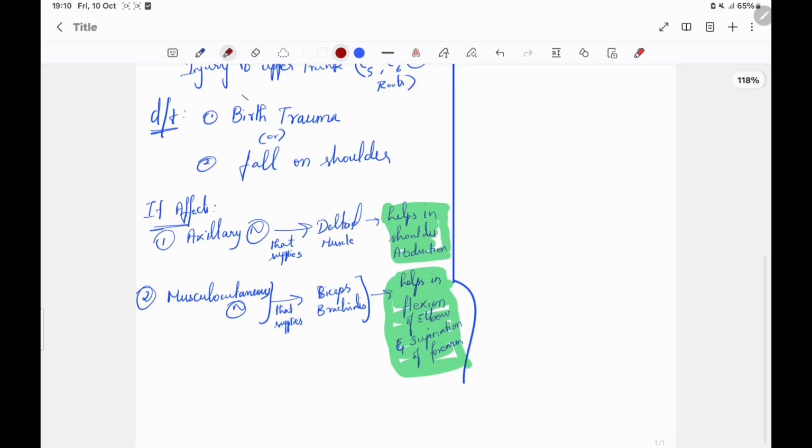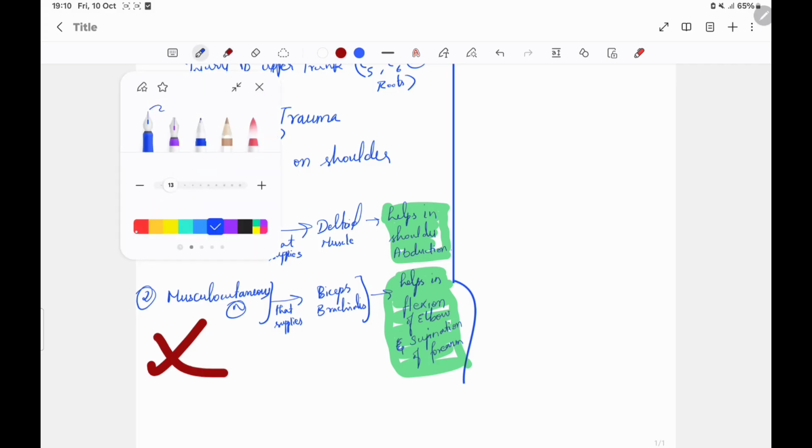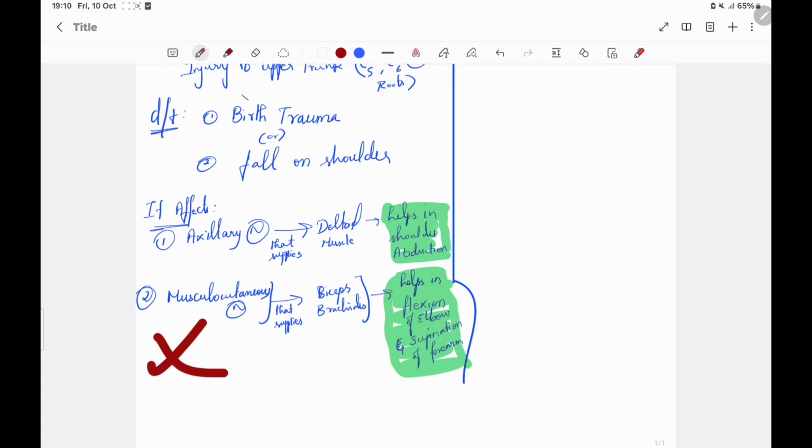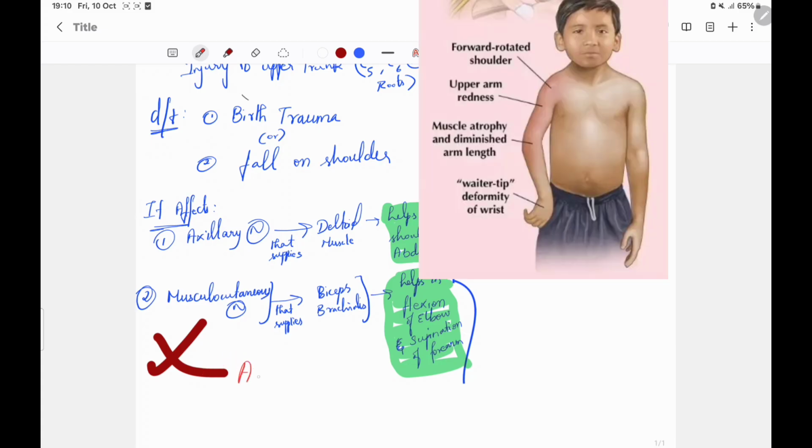Injury of these two leads to an adducted shoulder plus an extended and pronated arm.